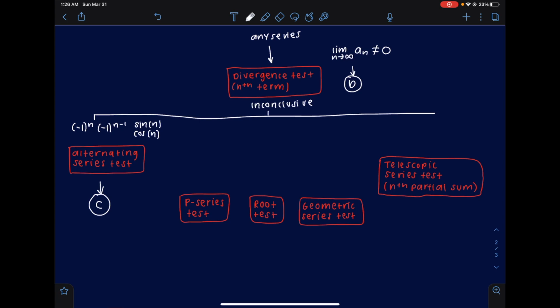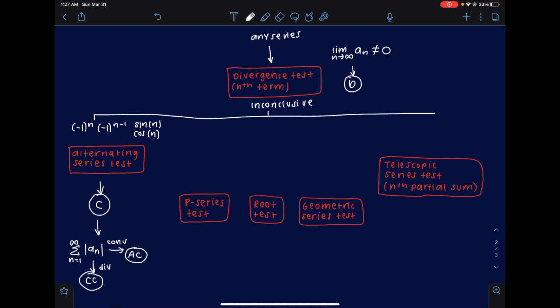However, from there, if the question asks for absolute or conditional convergence, what you do is you test the absolute value of the series. This time you're actually testing the absolute value of the series for convergence or divergence. And if it converges, then you have proven absolute convergence. If it diverges, then you have proven conditional convergence.